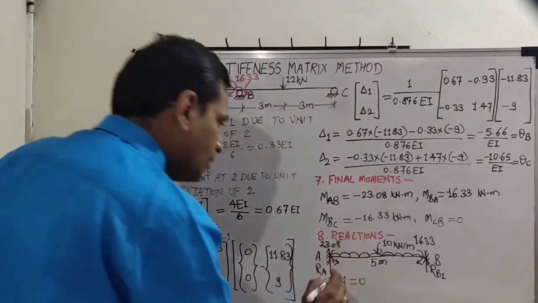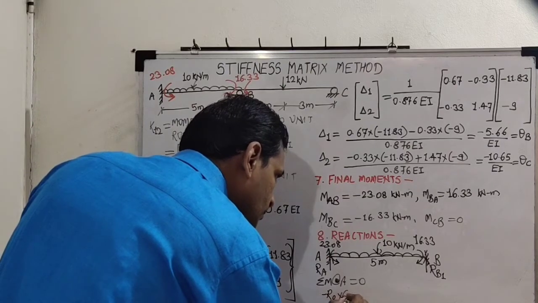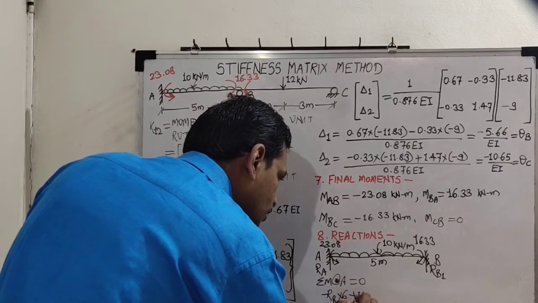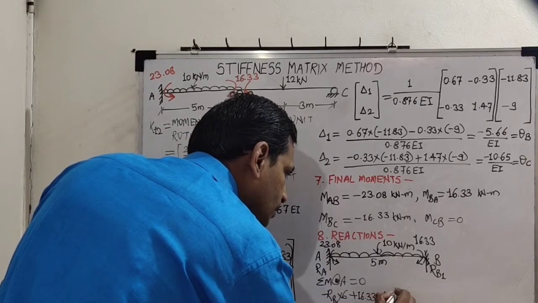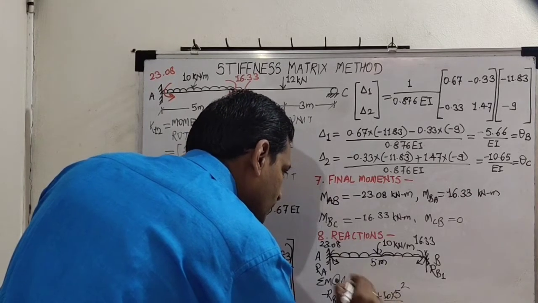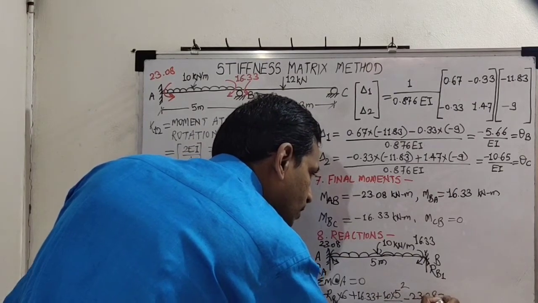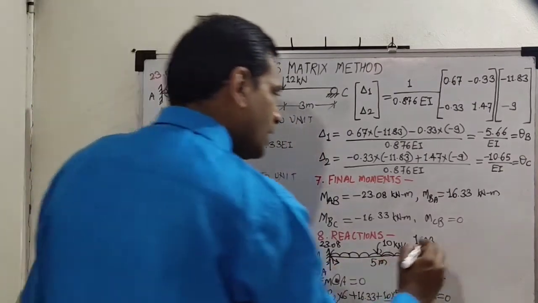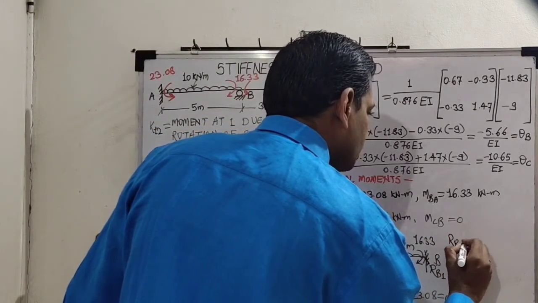So write the equation: minus RB1 into 6 plus 16.33 plus 10 into 5 square by 2 minus 23.08, this is equal to 0. So what will be RB1? Let us calculate.